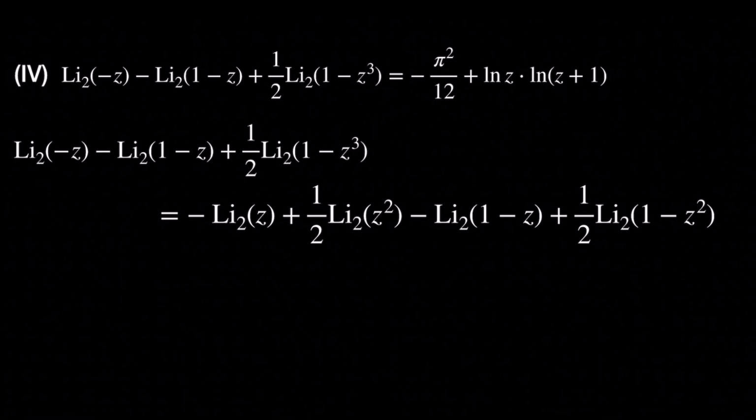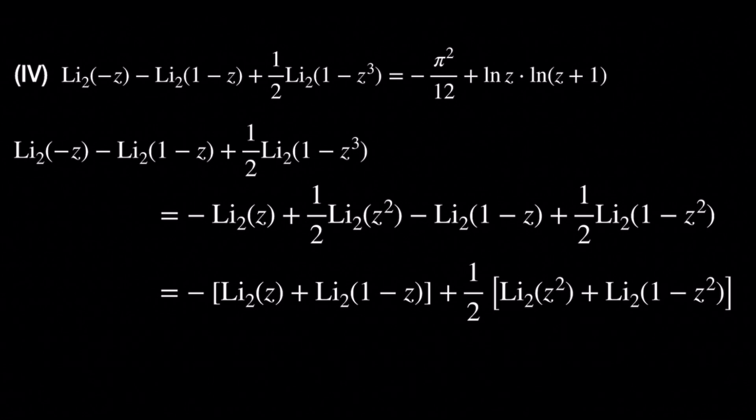Now we're going to combine Li2 of z and Li2 of 1 minus z, and the remaining terms are also going to be combined. So we get the following. Now we can use the third identity. So using the third identity, recall that the third identity tells us that Li2 of z plus Li2 of 1 minus z is equal to pi squared over 6 plus log of z times log of 1 minus z.